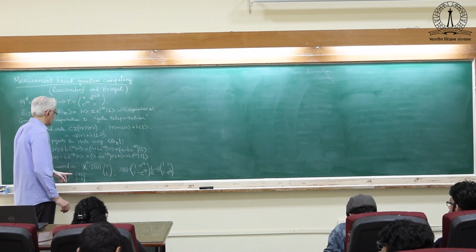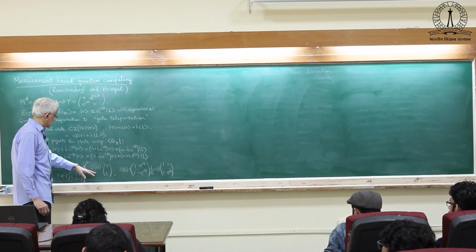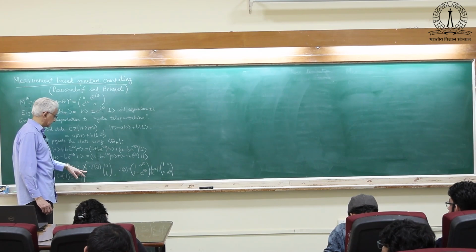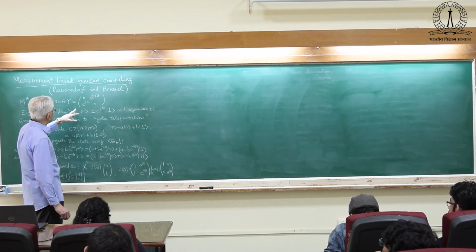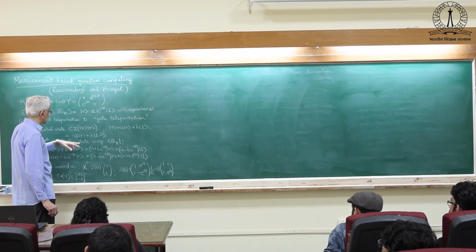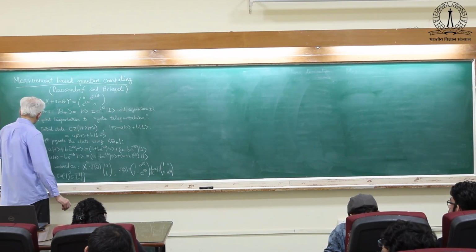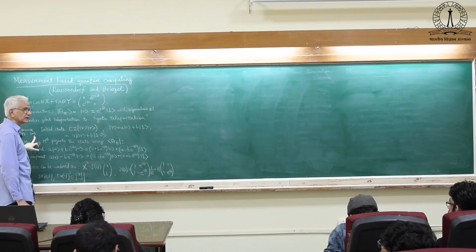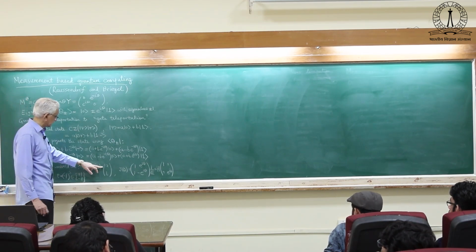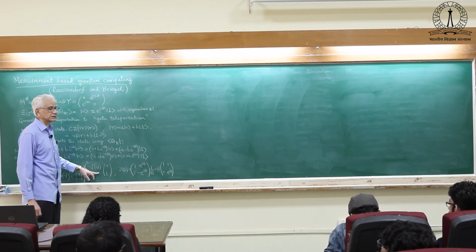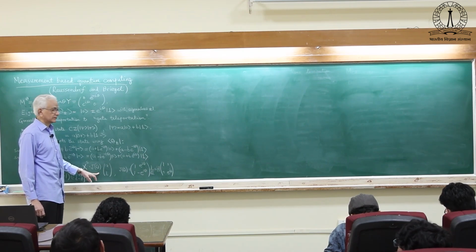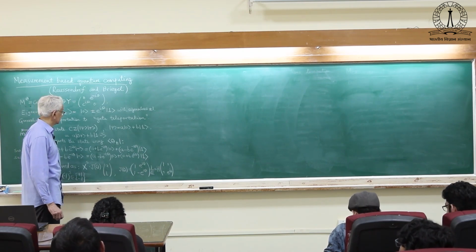Okay. So, the result of measurement is this, which means that the state moved from here to here, but simultaneously it got rotated by this particular matrix. This is the original state.